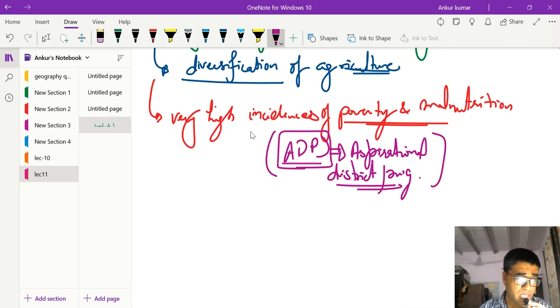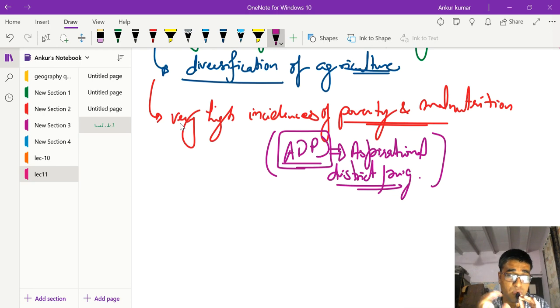But in addition to this, as I told you, a number of agriculture challenges are there in this region. We have to develop agriculture on modern lines, not on the lines we took in the green revolution. In the green revolution we used intensive inputs. We have to prevent these regions from being intensively cultivated.